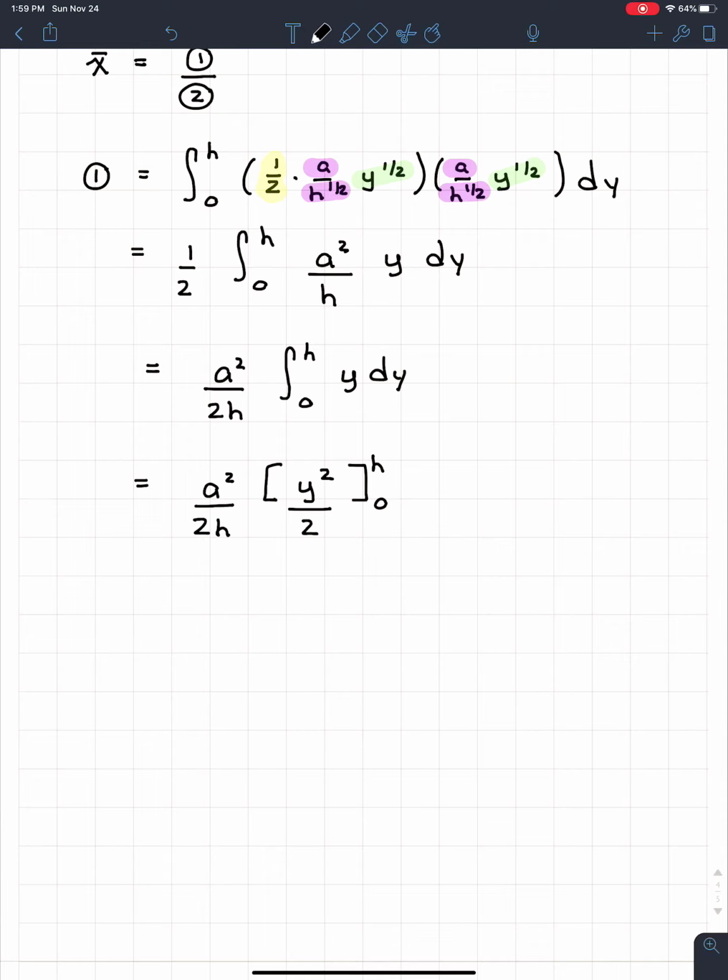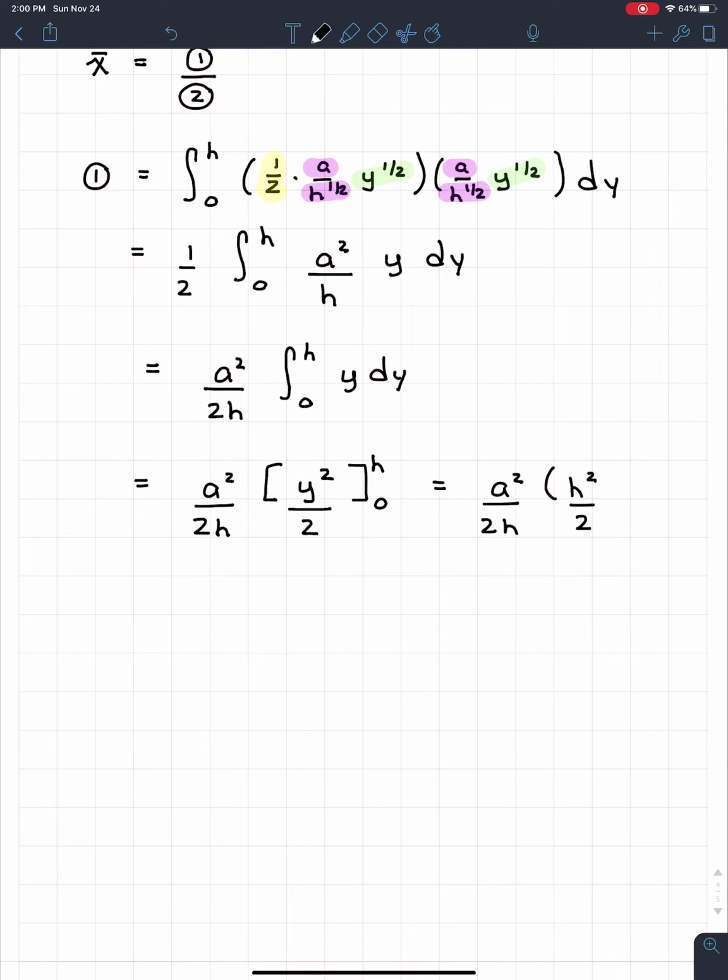So in this case, at 0, we get 0 squared divided by 2, that's just going to be 0. So what this is actually going to be equal to is a squared divided by 2h, and then we're going to multiply this by h squared, since we're substituting h in for y, so h squared divided by 2.